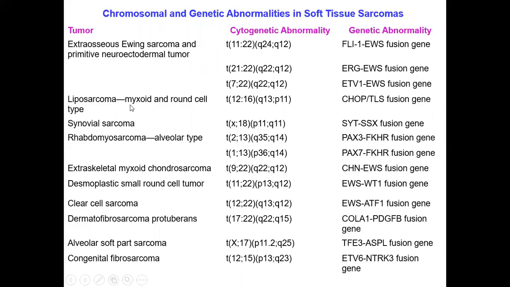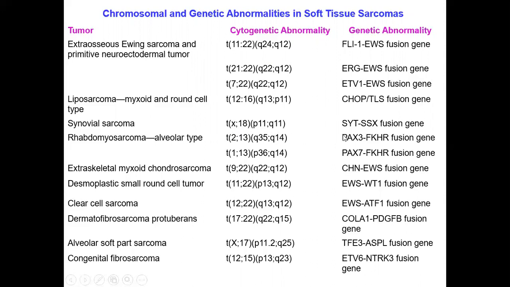Similarly, liposarcoma, myxoid and round cell variants, translocation between chromosome 12 and 16 at q13 and p11, TLS-CHOP fusion gene. And synovial sarcoma, similarly, translocation between chromosome X and 18, p11 and q11.